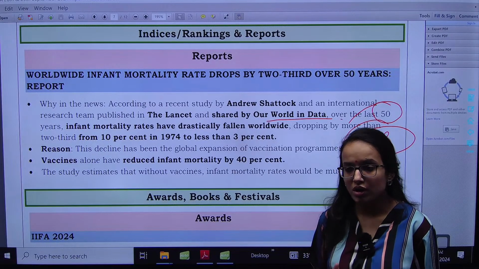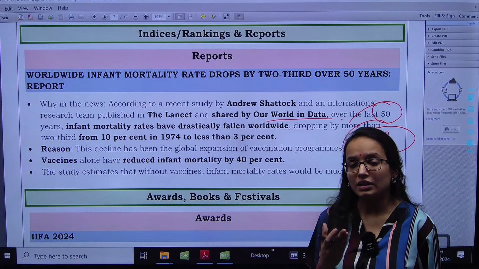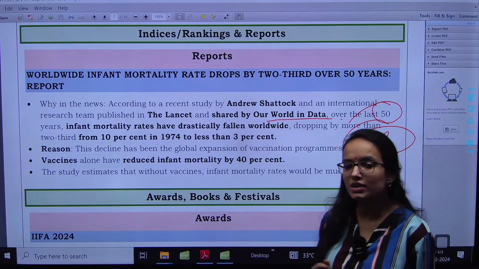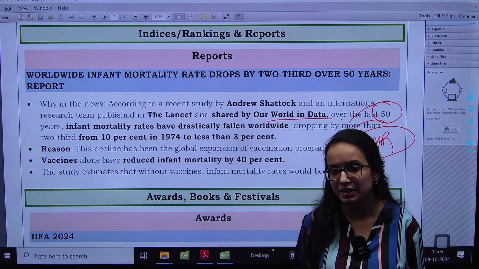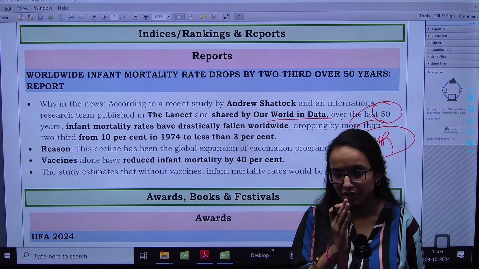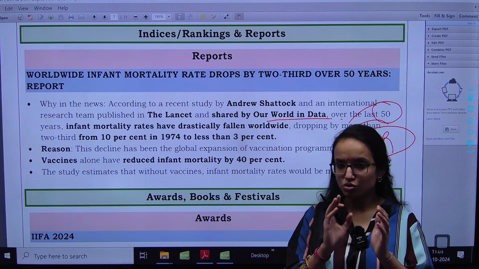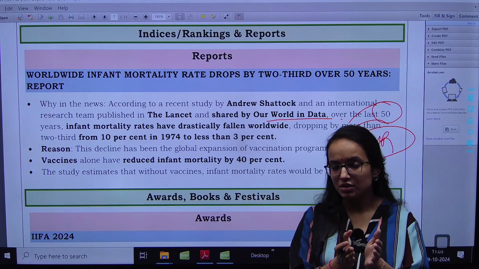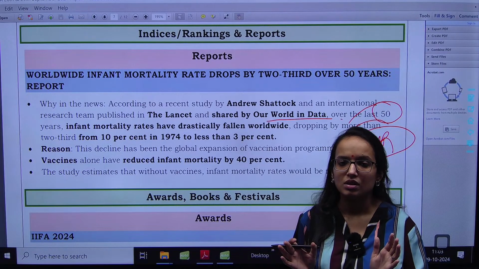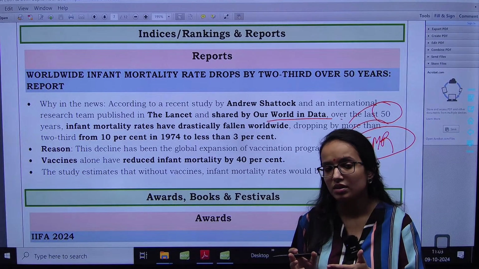So it is good, provided the healthcare to the mother and to the children. These are the results. So what is IMR? Basically infant mortality rate. It captures the number of deaths of infants less than 1 year old per 1,000 live births. So it has reduced. That is a good sign.